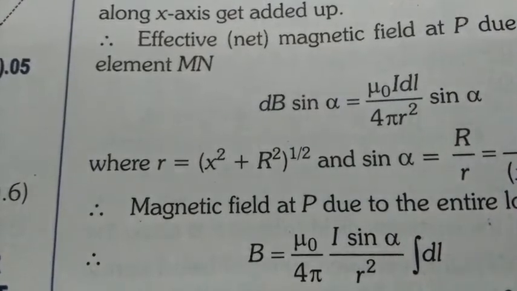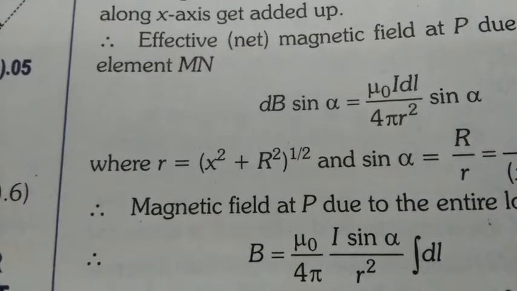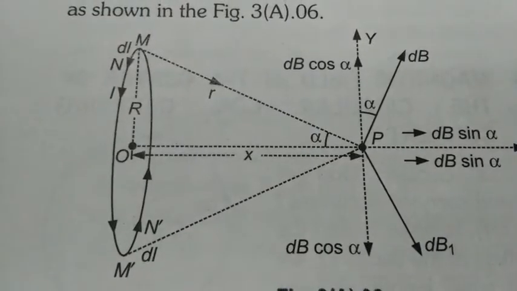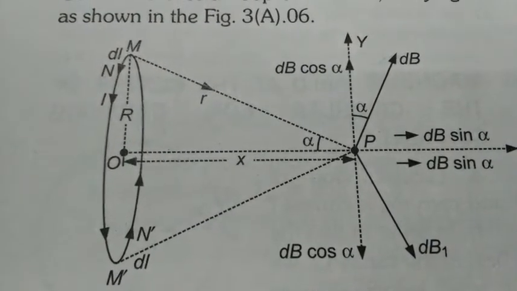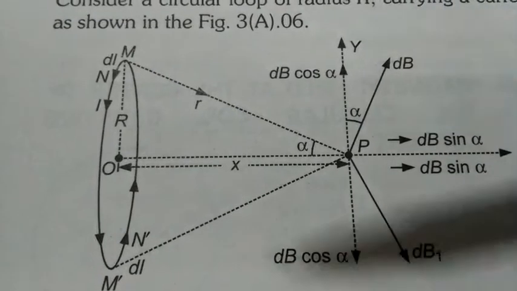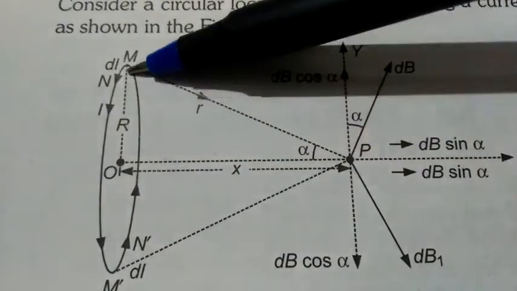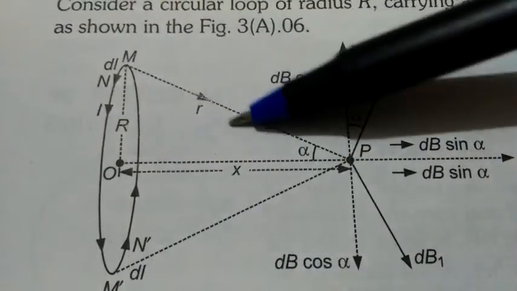Now let's find out sine alpha. What is the ratio for sine theta? For sine, the ratio is perpendicular upon hypotenuse. Here in this diagram, this is the perpendicular, this is the hypotenuse.